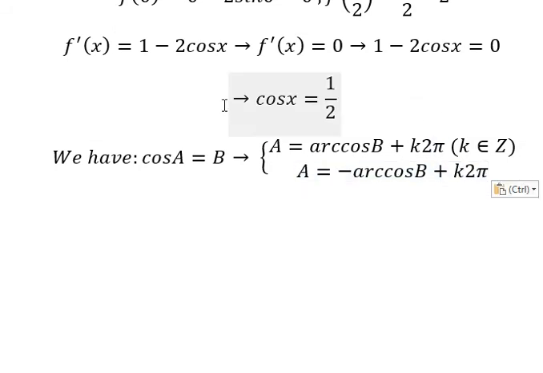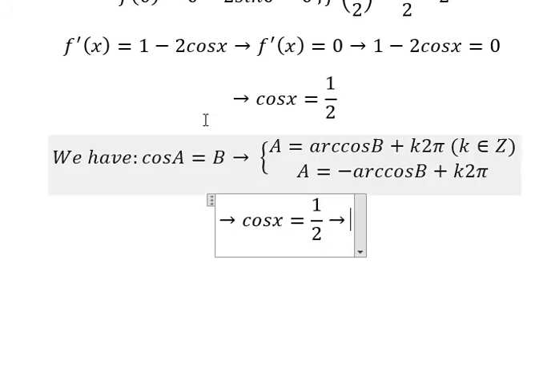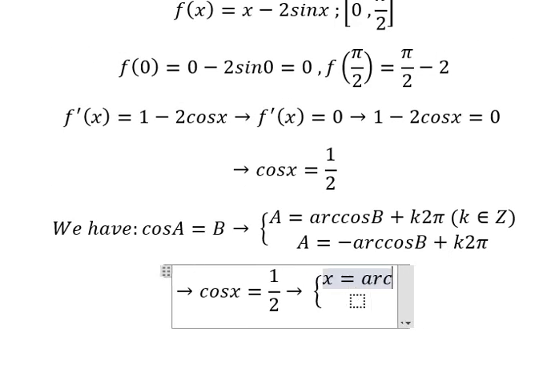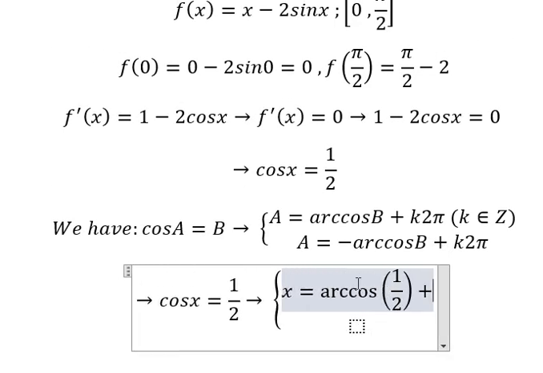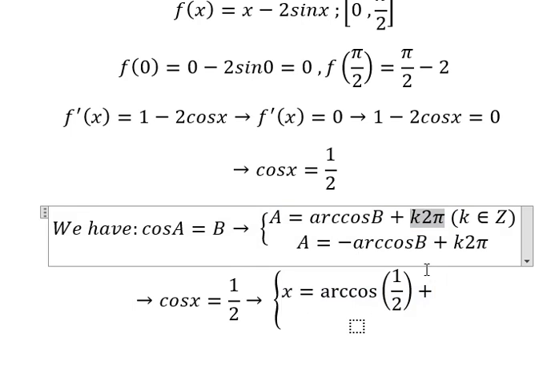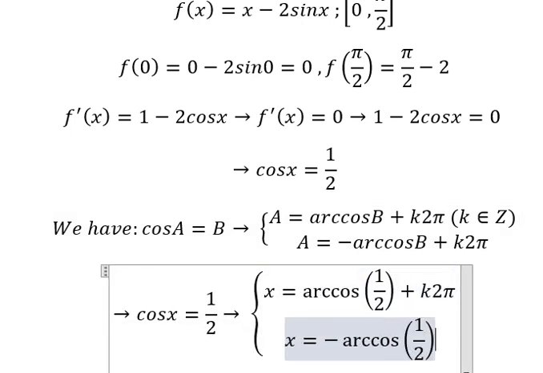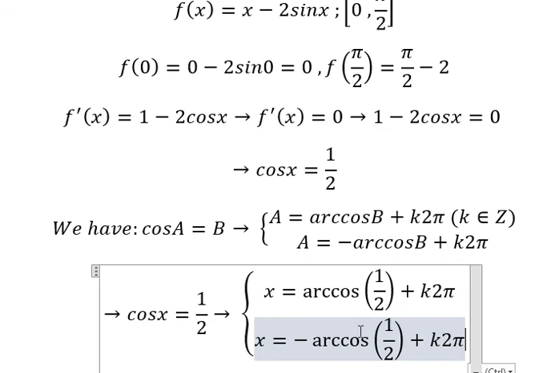Now we can apply the formula in here. And we will have x equal to a cosine of 1 over 2 plus k to b, and x equals to negative a cosine of 1 over 2 plus k to b.